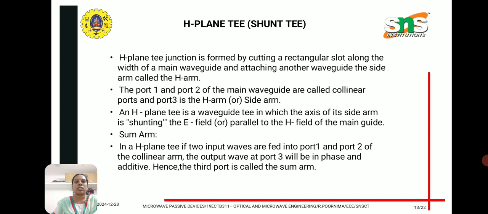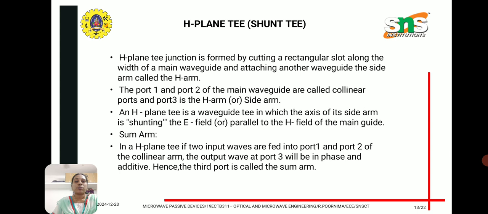Next we shall discuss the H-plane T. It is similar to E-plane T, but it is known as shunt T because a rectangular slot is cut along the width of the main waveguide and another waveguide is attached as the side arm, called the H arm.